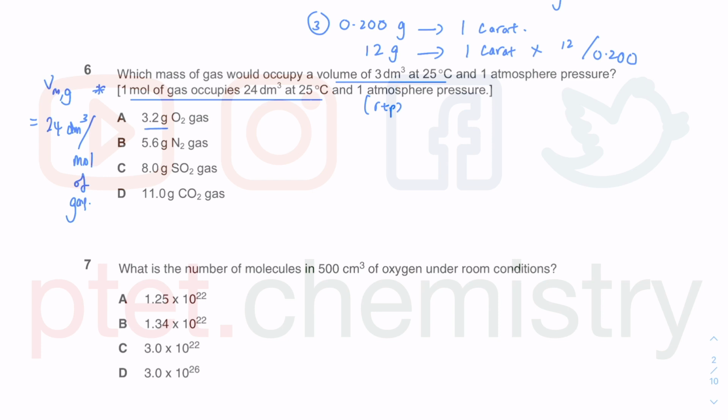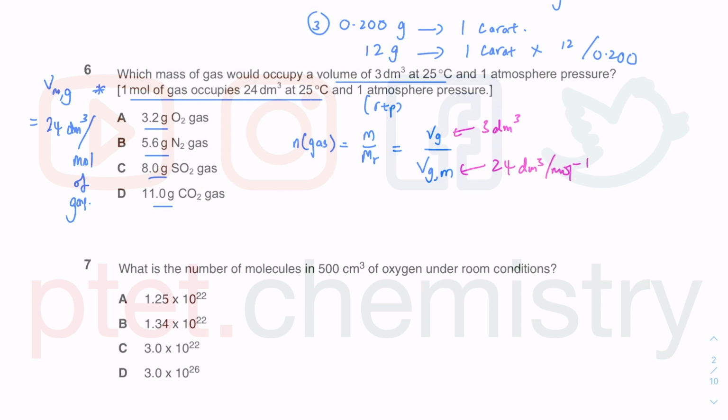These are all given as masses. We know that the moles of a gas is the same as the volume of the gas divided by the molar volume of the gas. My target is 3 dm³. The molar volume of the gas is constant, 24 dm³ per mole.